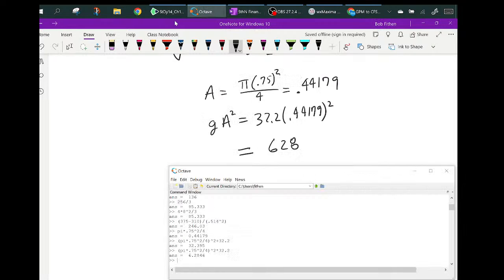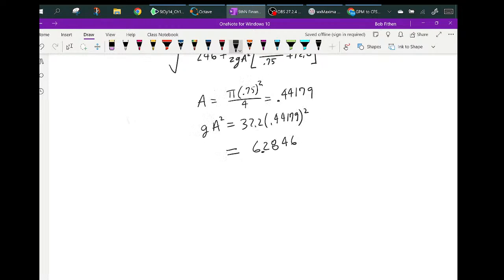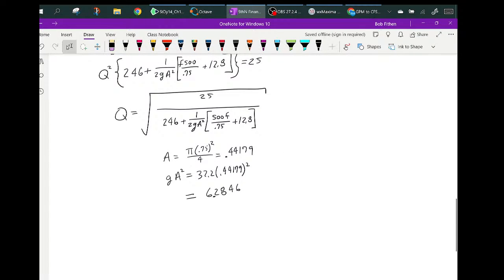Whoa, whoa. 6.28. So with that in mind, here's what I'll do. I like the copy thing.